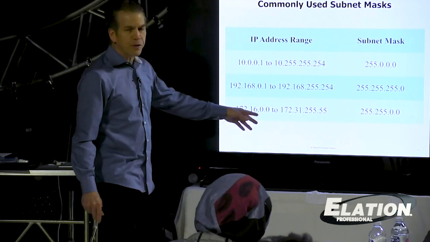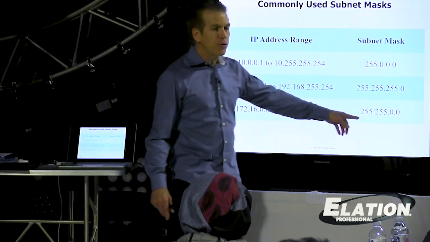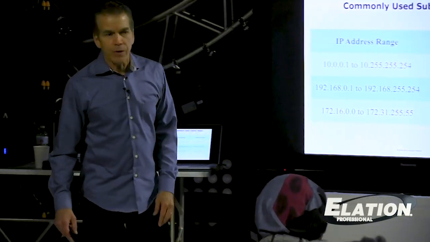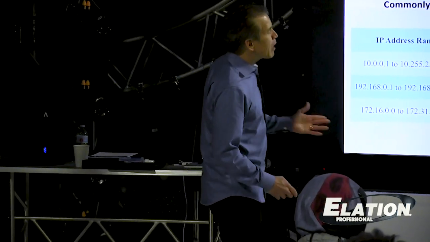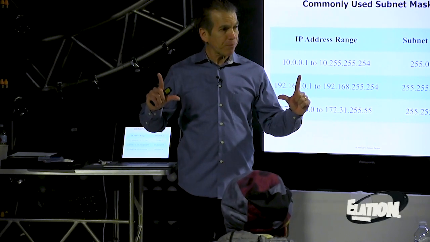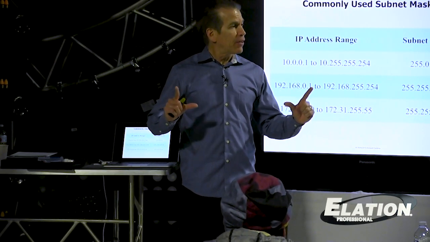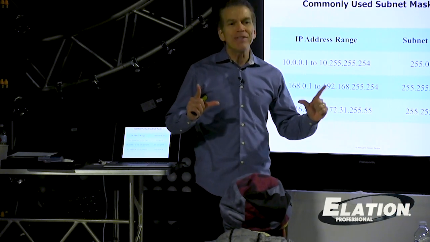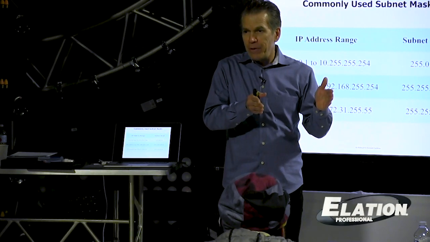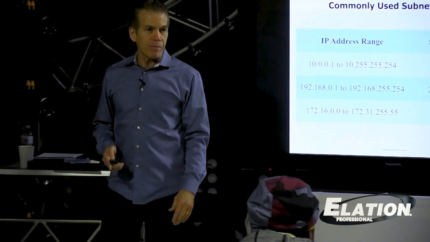And if you're using, this is a bit more obscure, a 172 dot address, it's usually 255.255.0.0. Because the subnet mask is a 32-bit number, there are actually 31 different possible subnet masks. The only requirement is that it's a string of ones followed by a string of zeros. But these are the most common ones that you'll see.